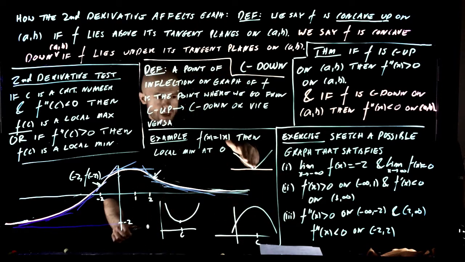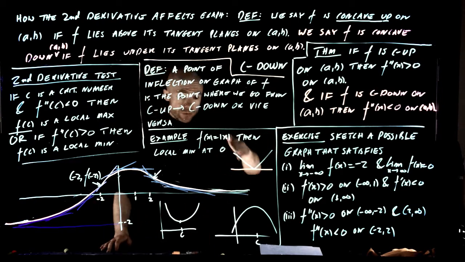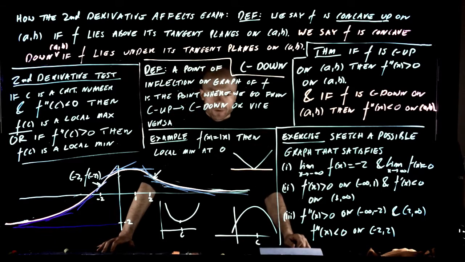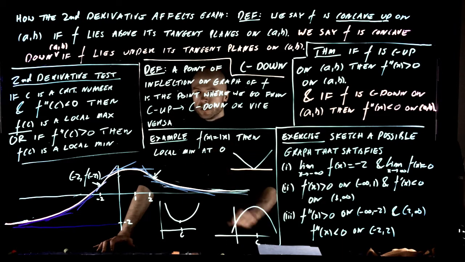So we go from negative to positive, which is what we've learned. By the first derivative test, we've learned that this has to be a local min, yeah? But there's no way to take the second derivative at 0 because it just doesn't exist. The first derivative doesn't even exist at 0. Yeah?